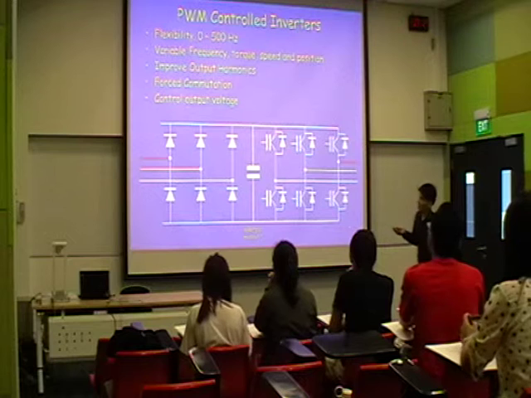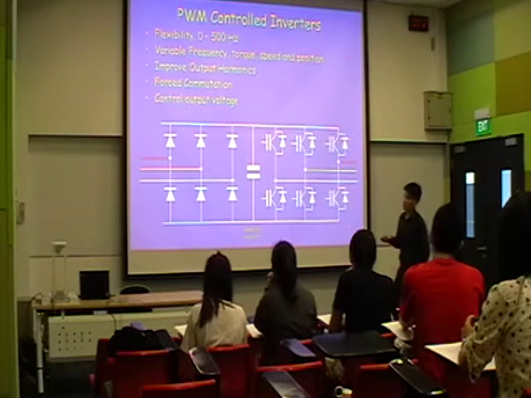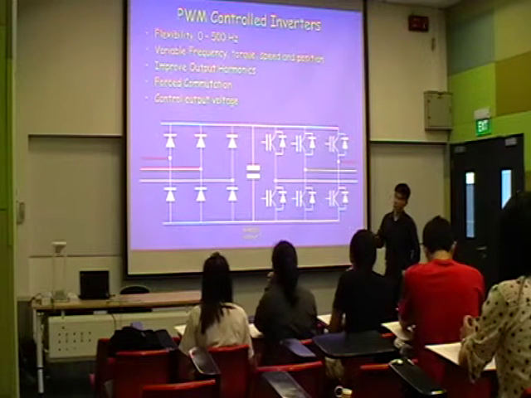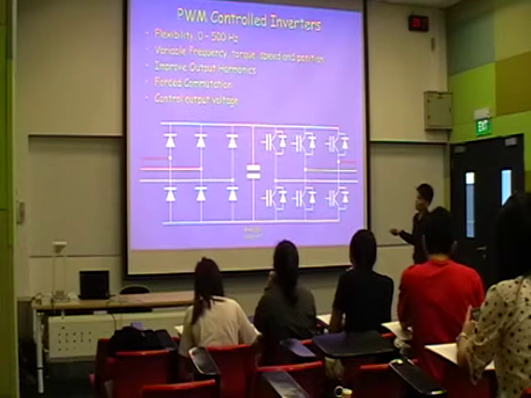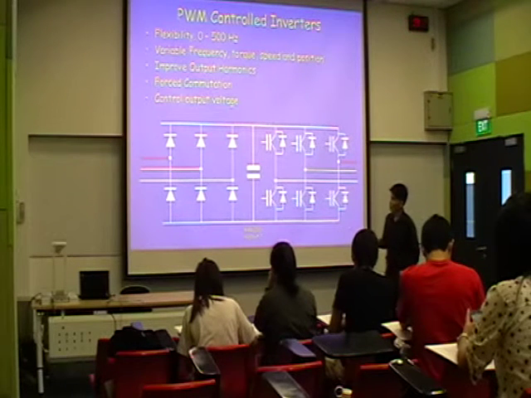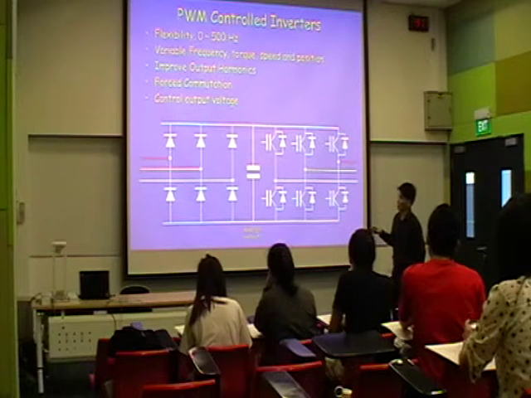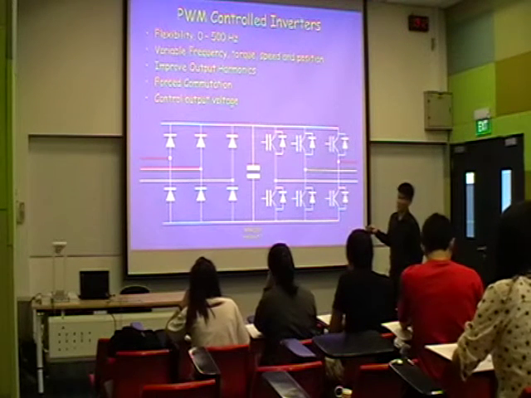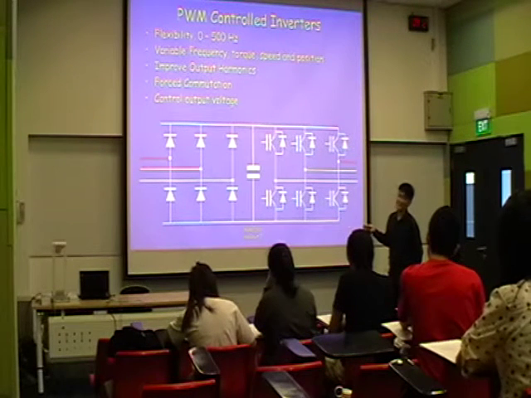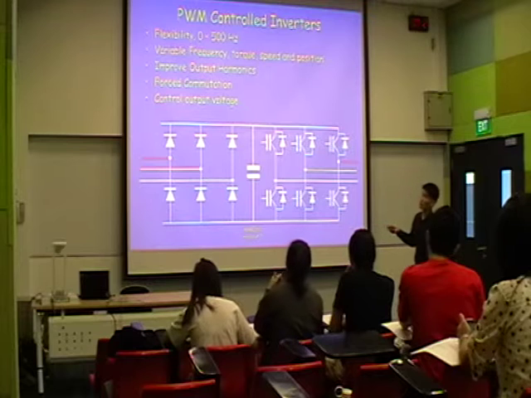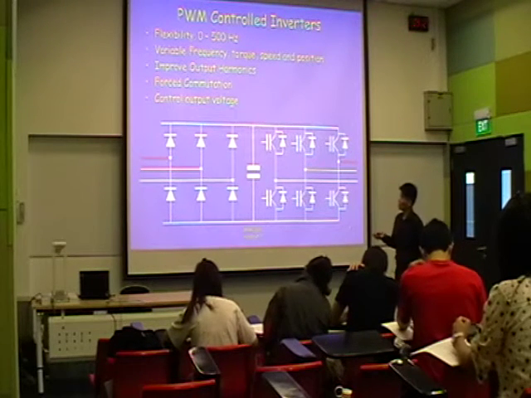It also has some form of harmonic improvement, meaning reducing the noise, which will be seen here later on. And there's a control input voltage, because this transistor is always powered up by a VC or VCC, so you can control the voltage.